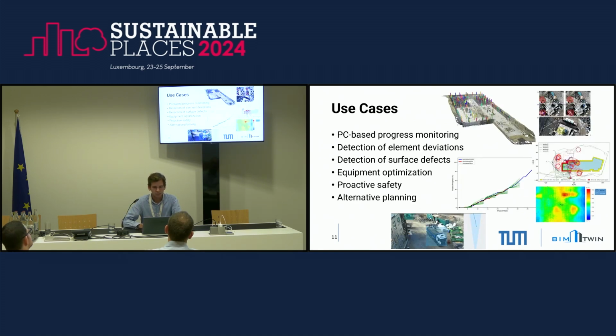And then we had all sorts of use cases in the frame of the project. For example, progress monitoring based on the point clouds. We had some alternative planning, so based on all of the status information, we had simulations that try to predict, based on several scenarios, how this construction site could go on. How does it change if we increase the number of workers? Do we manage to catch up with the delays that we have?